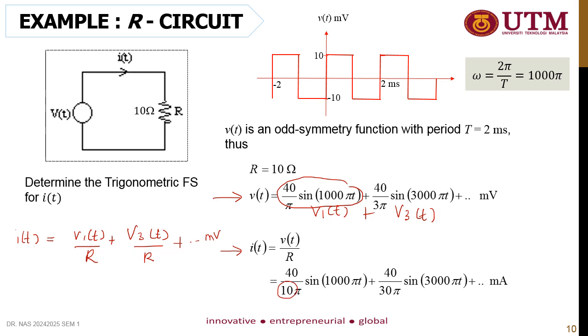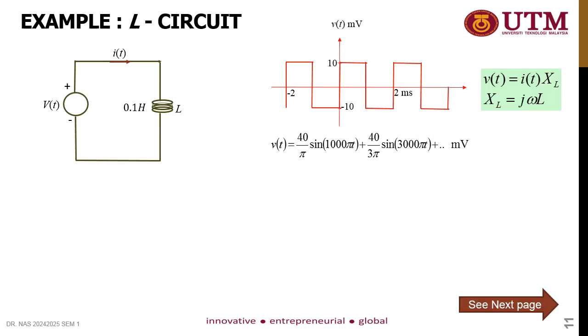So this is your R, and this is 40 over 3 pi divided by 10. So this is your trigonometric Fourier series for the current flow in the given circuit. Okay, let's look at another example. In this case, you have an inductor in a circuit.